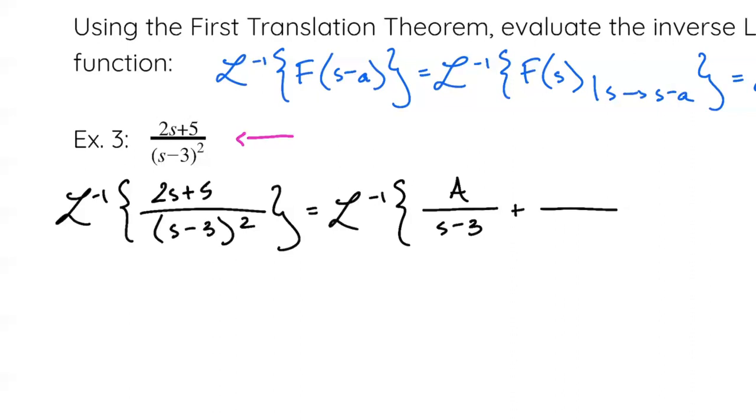S minus 3 squared. Perfect. All right, what's that numerator? Is that Bs plus C? No? So, Bs plus C, yes or no? What do we think?